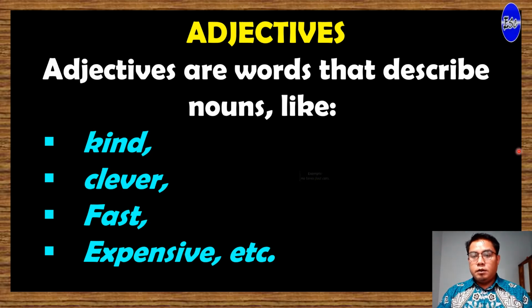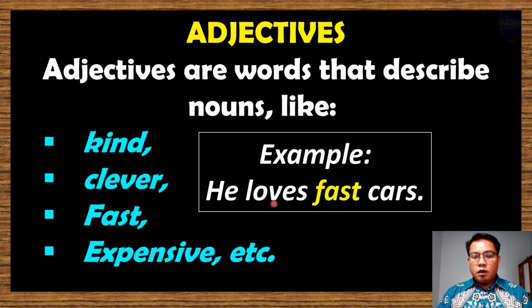Example: he loves fast cars. Fast cars. How are the cars? Fast. So this word is an adjective because it modifies cars. Cars are a noun. That is why, as in the explanation of the meaning of this word, adjectives describe nouns. So that is adjective.